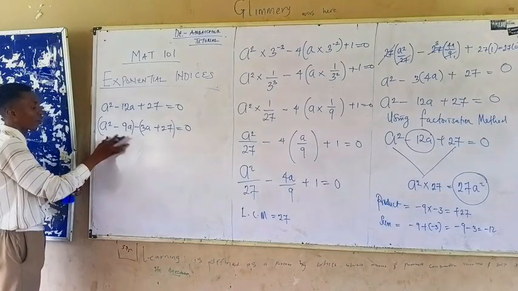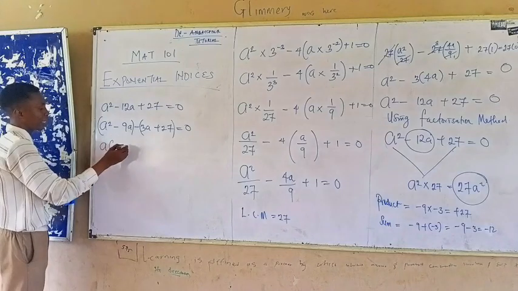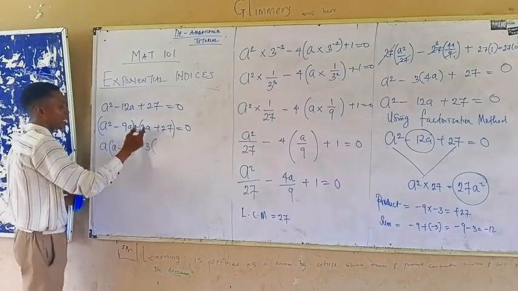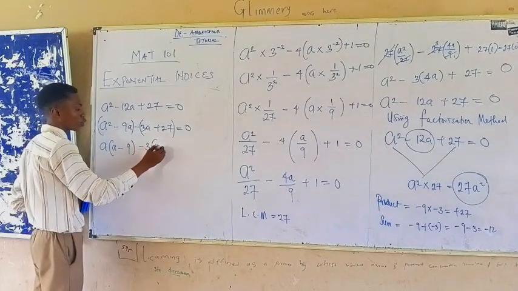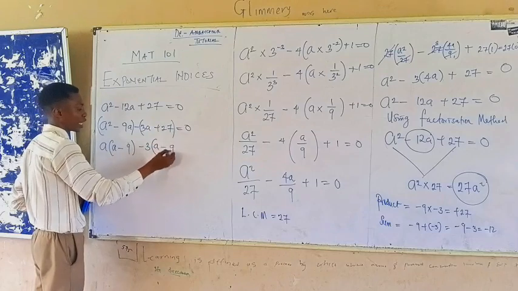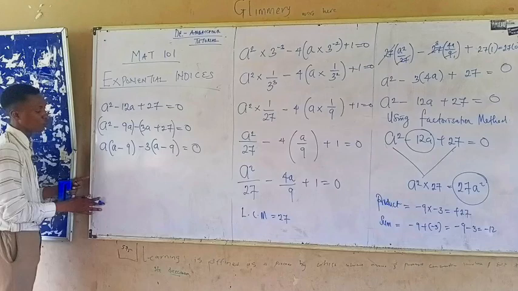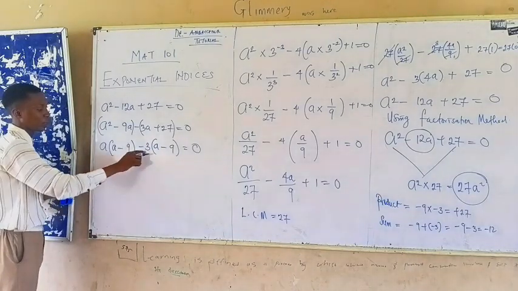So what's common in this factor? We have a, then a in a squared is a, a in 9a, we have 9. And what's common in this factor? We have 3. 3 in 3a, I am left with a, minus divided by plus, I'm going to have minus. 3 in 27 is 9, then equals to 0. Now, if you look at this carefully, you would have seen that the terms at the middle are looking alike. So you pick one of them, then pick one outside.